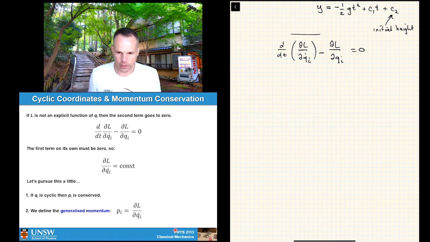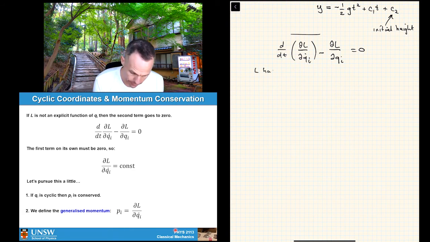We're going to assume here that L has no explicit dependence on qi. I might have slipped the word time in there by mistake.